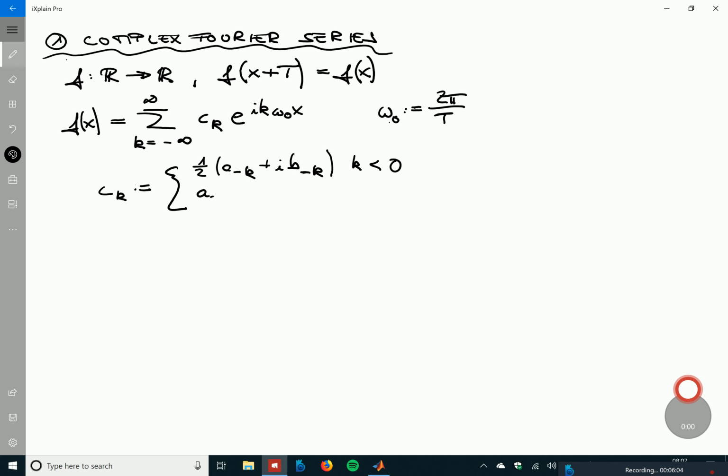For k being 0, it was defined as a_0, and for k larger than 0, they are defined as 1/2 (a_k - i b_k). So these are the real Fourier series coefficients, obviously.